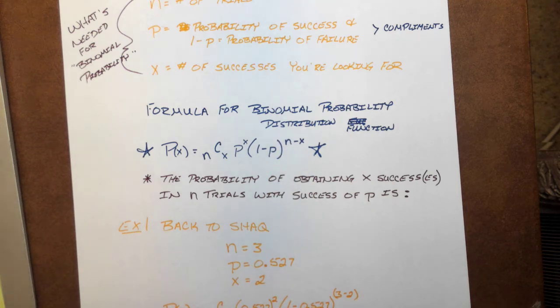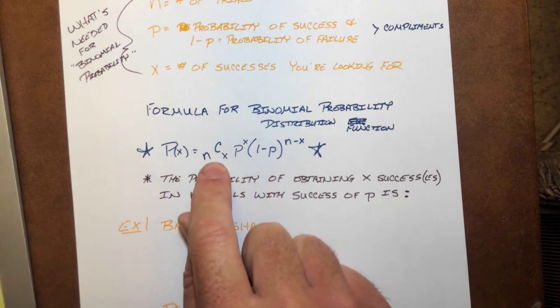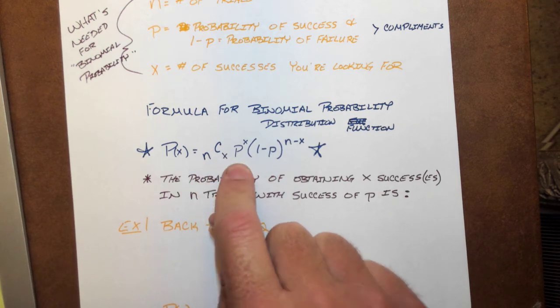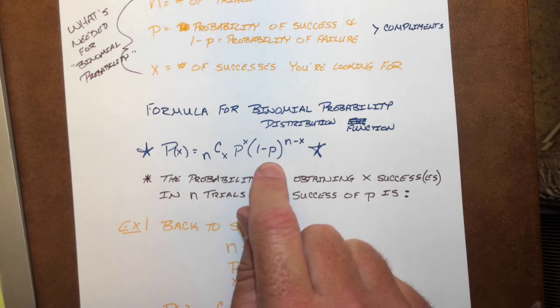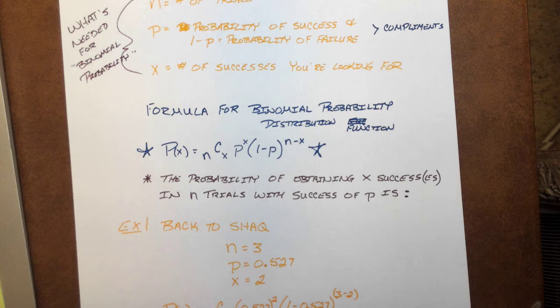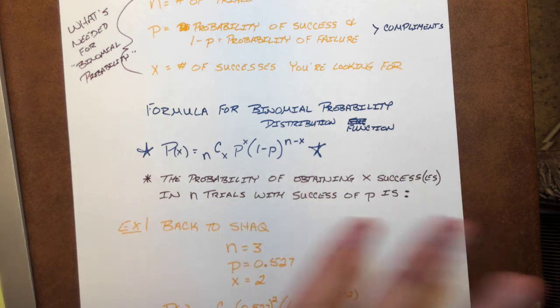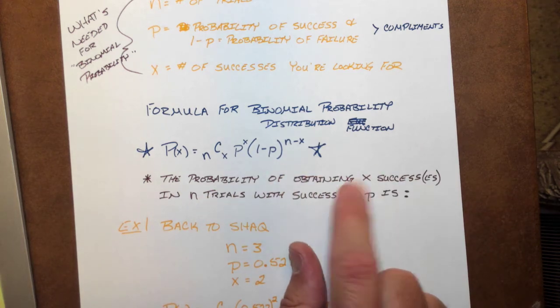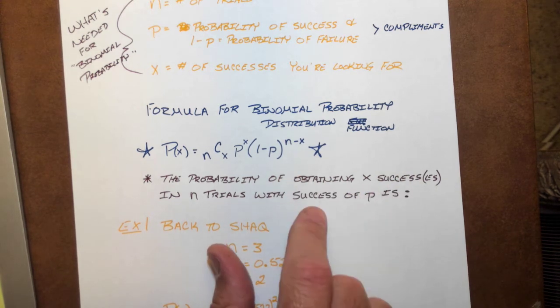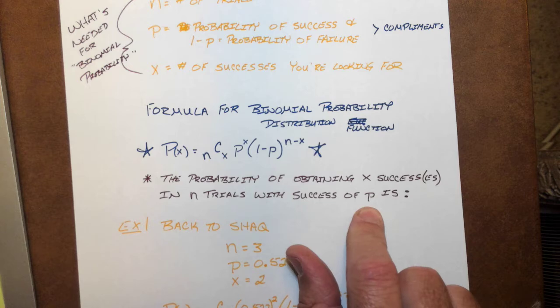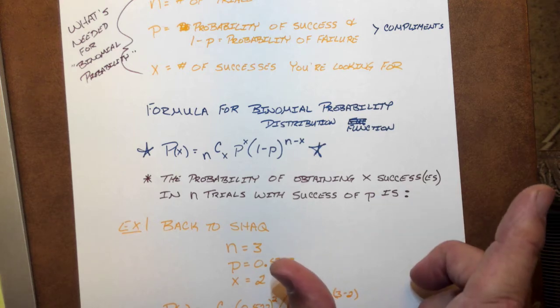So that's our formula that we want to remember. Taking in all the possible combinations that could happen, the probability of happening times the probability of not happening, or in other words, its complement. So, word-wise, the probability of attaining x successes in n trials with a success probability of p is blank.